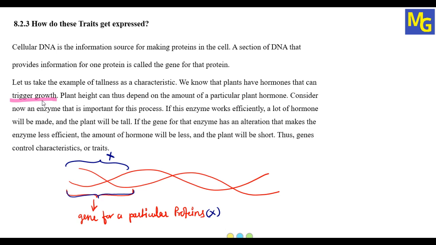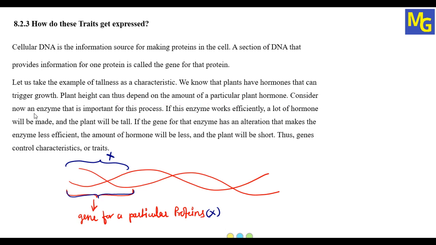If it secretes less, then the growth will be less. Plant height can thus depend on the amount of a particular plant hormone. Whenever there is growth, automatically the plant height will increase. So if that hormone secretes more, the plant height will increase.